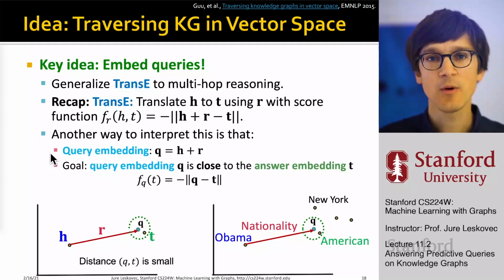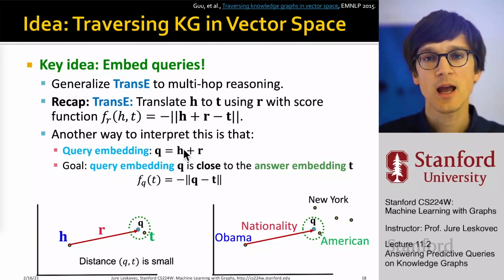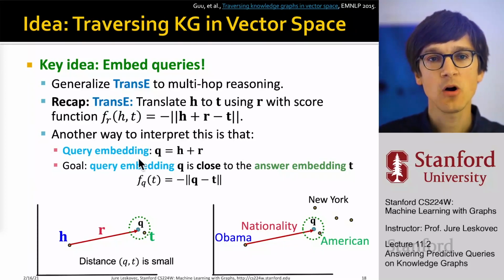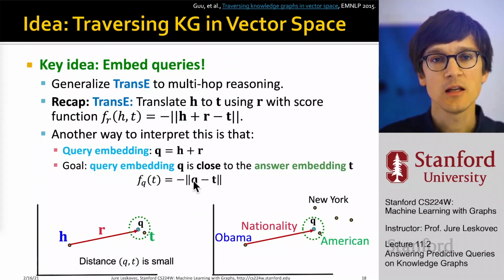Another way to interpret TransE is to say, I will embed the query. The query is head plus relation. The goal is that the embedding of the query is close to the entity T that is the answer to the query. We want the distance between the embedding of the query and the entity T to be small.